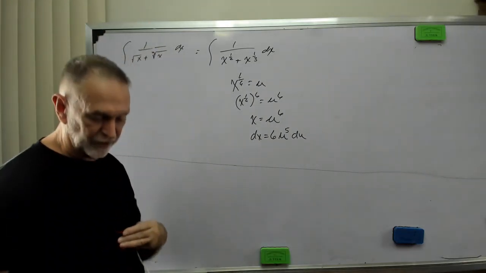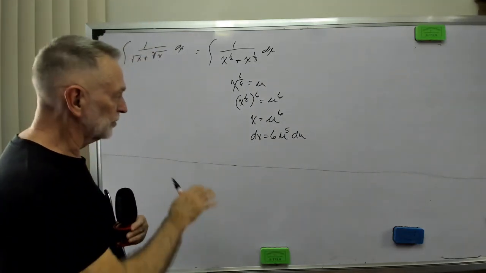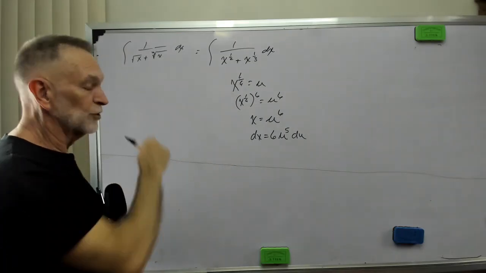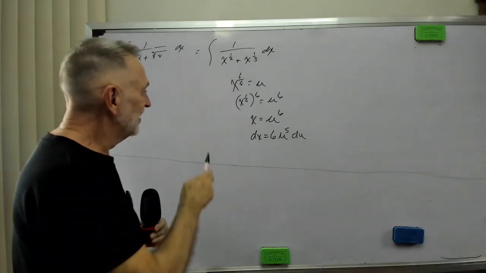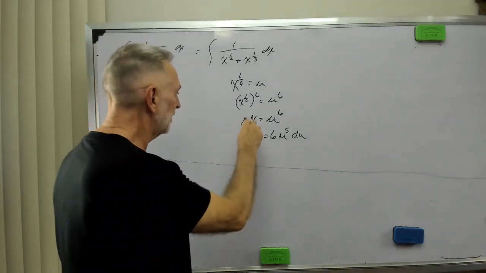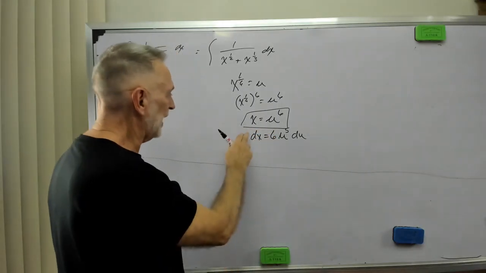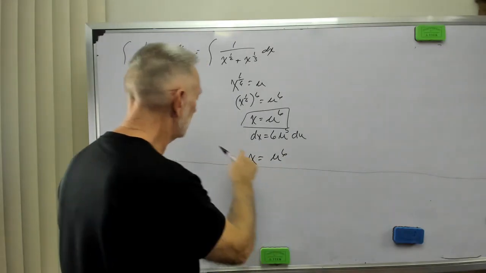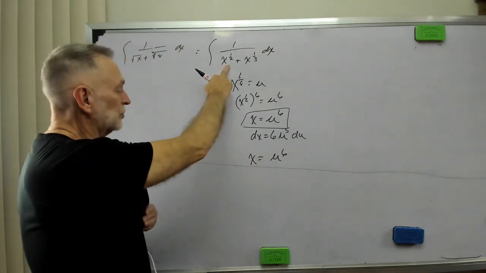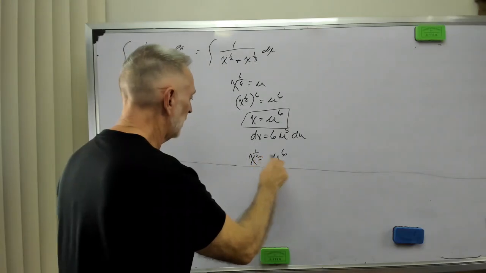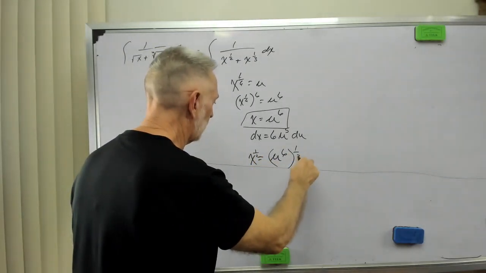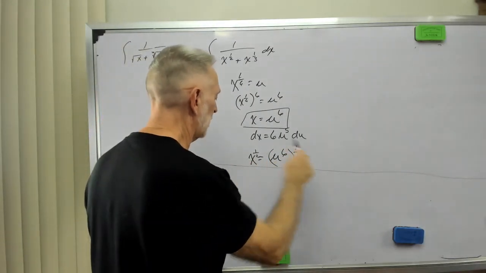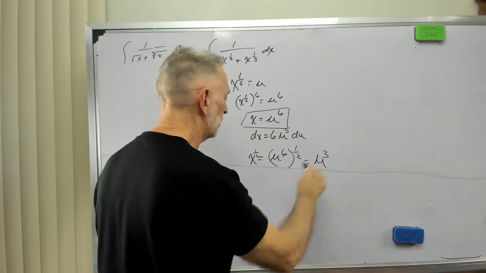All right, we're ready now to take this to the u world. And this is where it's interesting. If I have x equals u to the 6, and I raise x to the 1/2 power, and I raise u to the 6 to the 1/2 power, 6 over 2 now gives me x to the 1/2 equals u cubed.